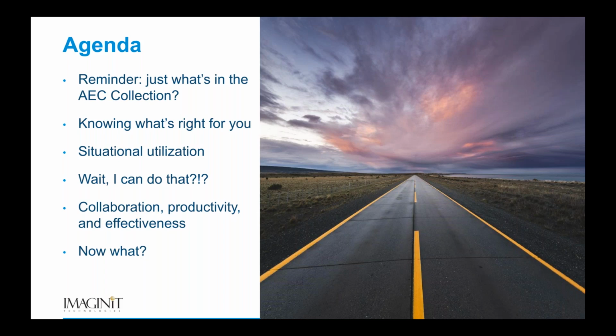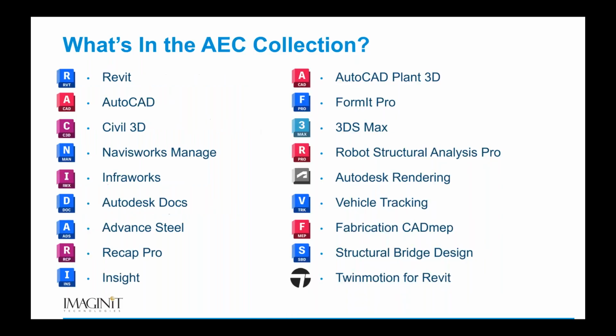So the next couple of slides here are talking about different things that we have available in the AEC collection. If you can go to the first one, Scott, these will be some of the more, the common phrase for it is going to be the hero products. It's the things that most people are more aware of inside the AEC collection. You'll look at that and say, yeah, I know what Revit is. I know what AutoCAD is, Civil 3D, Navisworks, and so on.